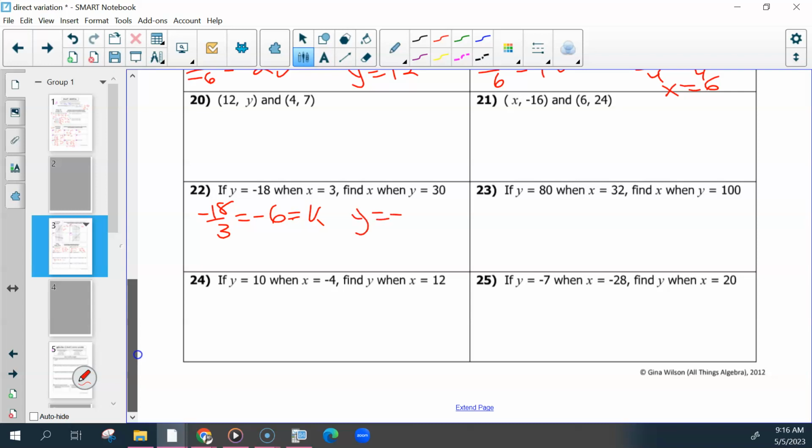Y equals negative 6x. Negative 6 is k. And then we're looking for x when y is 30, so put 30 in for y and solve for x. What is your x value? -5.